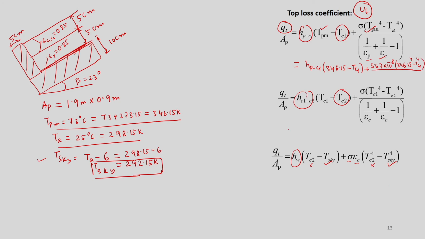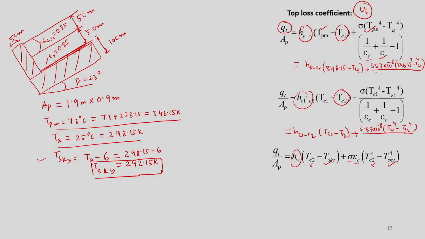Okay. And for this expression HC1 to C2, then TC1 to TC2, these two are unknown. Then we have 5.67 into 10 to the power of minus 8, then we will have TC1 to the power 4, TC2 to the power 4, and then these values are known to us.